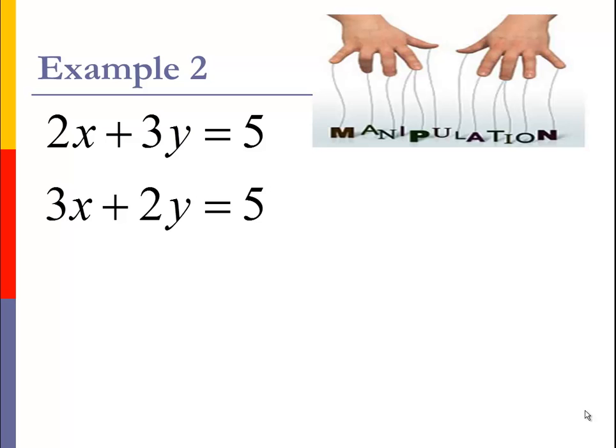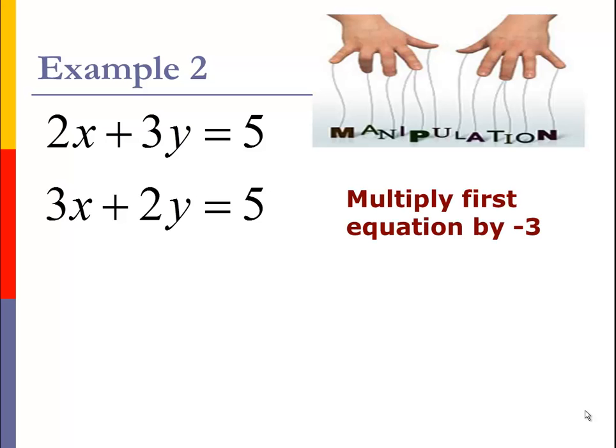Now I want to use the elimination method. I want to get the x's, and you can do this with y's, but I'm just choosing to do it with the x's. I want the x's to have the same number but opposite signs so that when I combine them, I get 0x. That's our goal.